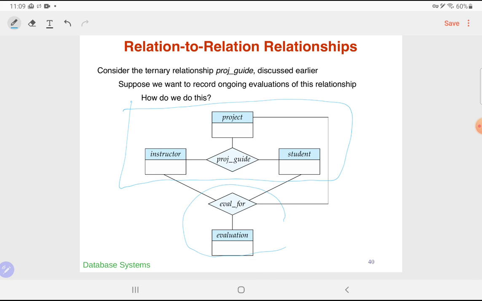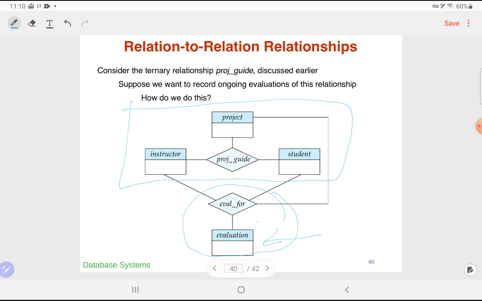We want to evaluate these on an ongoing basis, okay? So there's an evaluation entity, maybe there's a pre-project evaluation and a kickoff evaluation and various intermediate evaluations, maybe yearly evaluations, and then at the end of the project there's a summary evaluation.